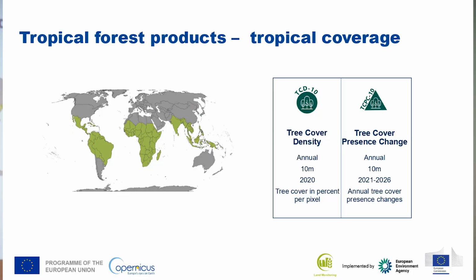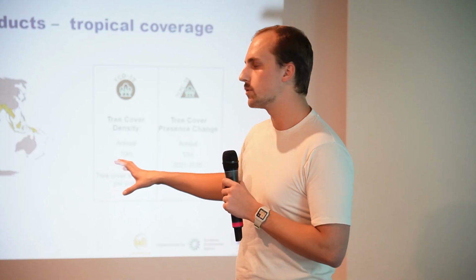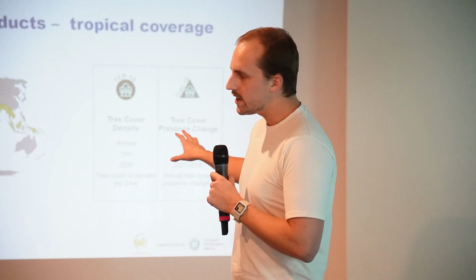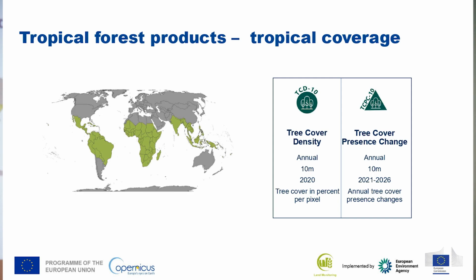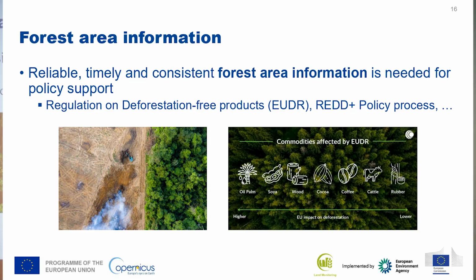And then we have the 2 new products, the tree cover density I talked about. You see a map of where these features will be calculated in the world. What makes these so important is that we use them for the European Commission in support of their new regulation.